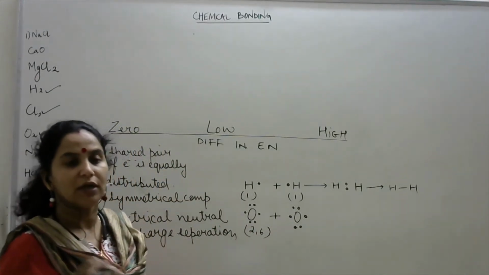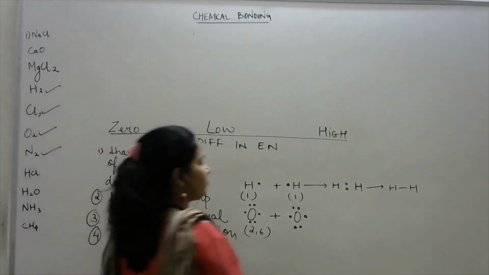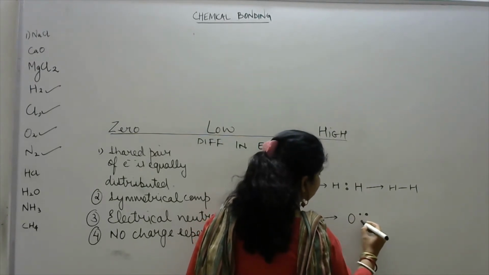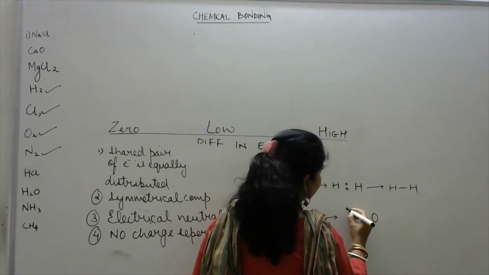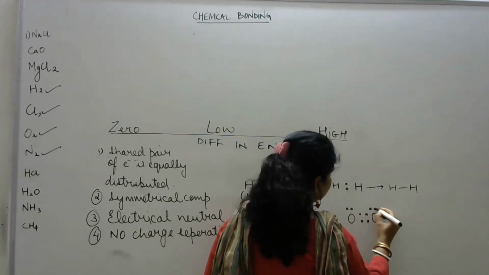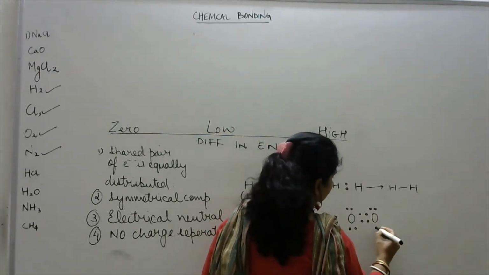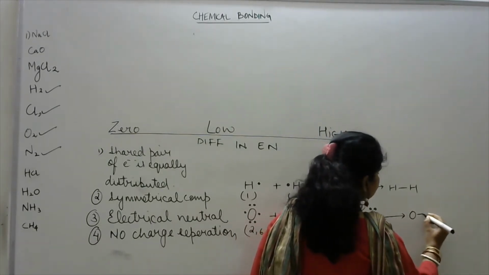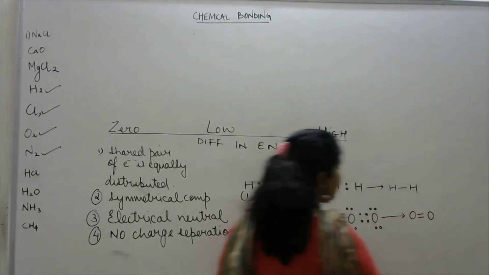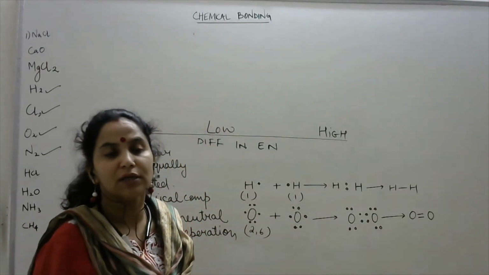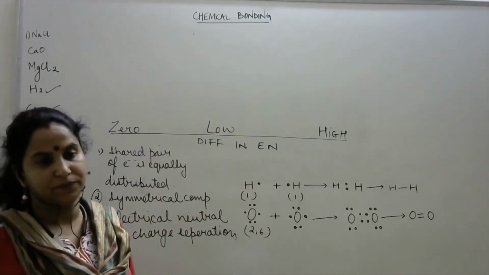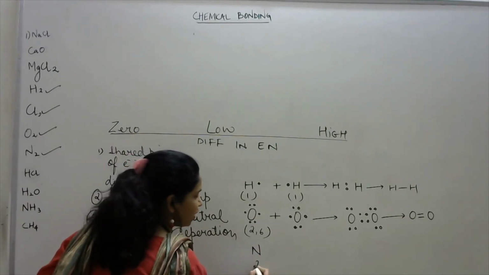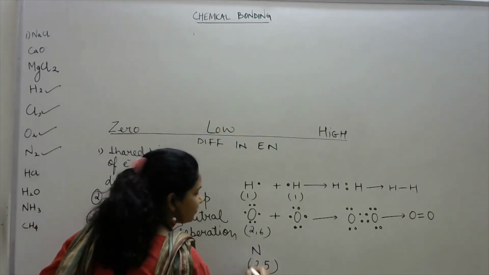So it shares 2 pairs of electrons. When 2 pairs of electrons are shared, it is denoted by a double line, and this double line means a double bond.